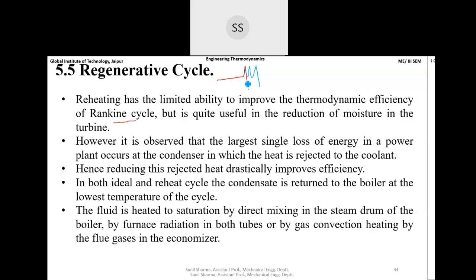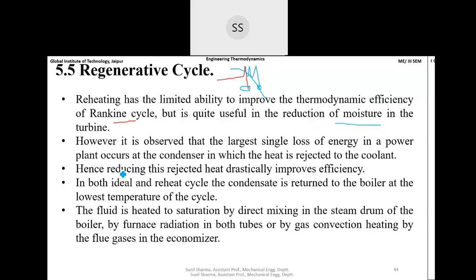Say if your dome is like this, here you will definitely have good moisture, but this point will come around the saturated vapor line or very near to it.